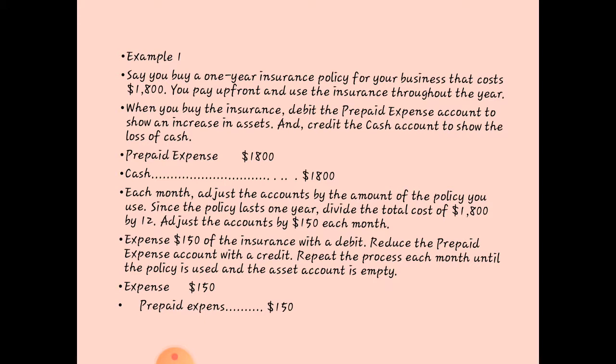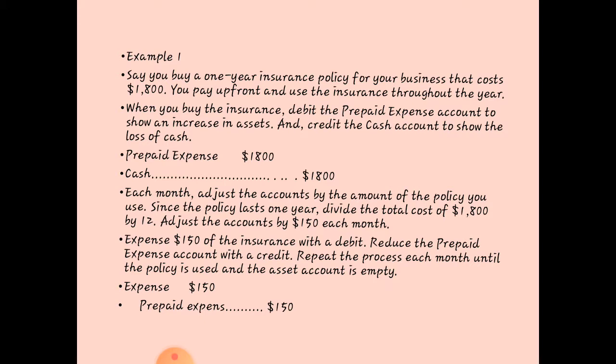This month, adjust the account by the amount of the policy you used. Since the policy lasts 1 year, divide the total cost of 1800 by 12. Adjust the accounts by 150 a month. Expense the 150 of insurance with a debit.